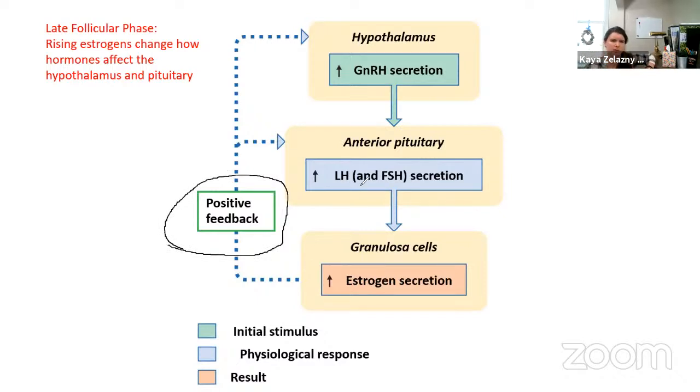Way back in ANP1, we talked about the difference between positive and negative feedback loops. A negative feedback loop is where something goes up and gets pulled back down, maintaining homeostasis, bringing us down to constant levels.